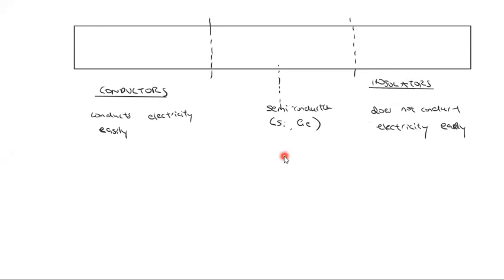Now, do you guys know how we might describe how well something conducts and how poorly it conducts? Do you know any words that you may have come across before? Volt, like a voltmeter.